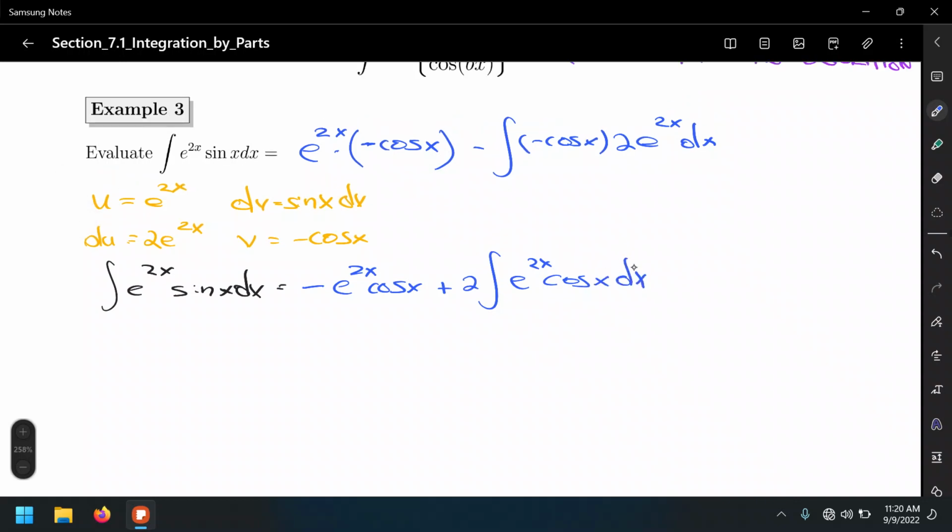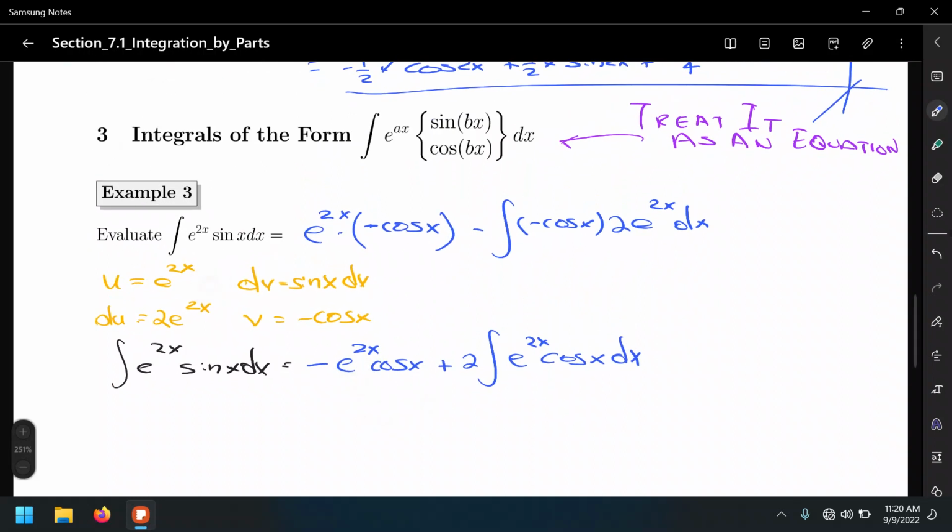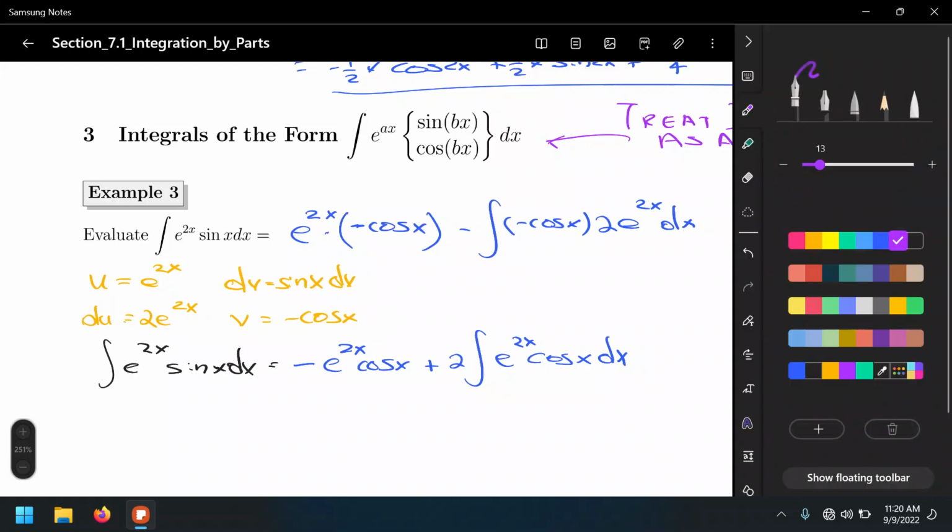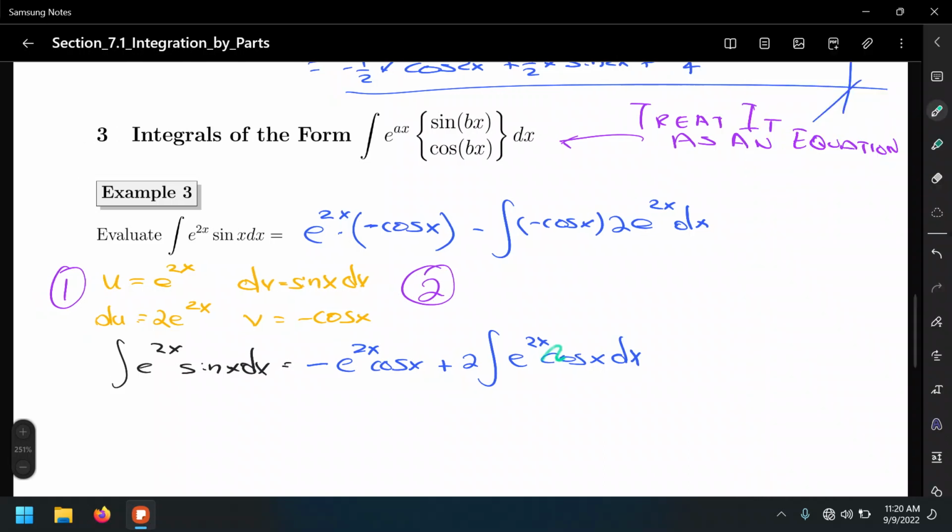Now let's look at this second integral that we obtained. If we compare the form, this is an e to the ax times cosine bx, which means we are going to do the same setup for the integration by parts. Let me label the first setup as number 1, the first integration by parts, and number 2 to denote the setup for the second part.